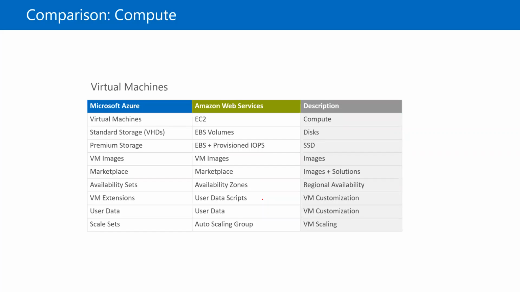The sets and zones are the same. The scale sets, for example, you know that you can create a computer that will add other instances if your workload gets clogged, or if you have a lot of traffic and the computer is not powerful enough, right? That's called the scale set. The scale set, folks, will let you actually add computers and remove computers on demand. We have them in both.